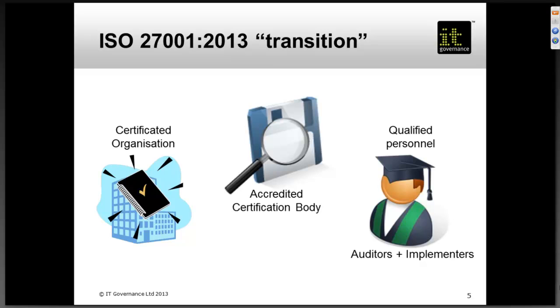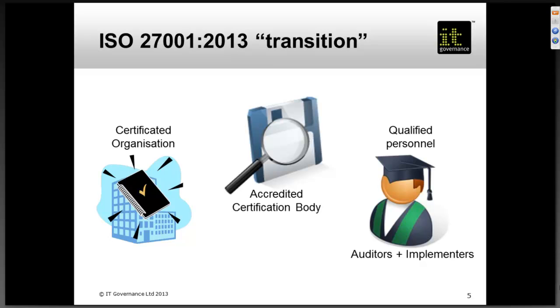But at the same time, the accredited certification bodies, the likes of Perry Johnson Registrars, BSI, LRQA and the others that we saw on that last image, have themselves to go through a transition to be able to have confidence in their auditors and their systems as being aligned to the new version of the standard.